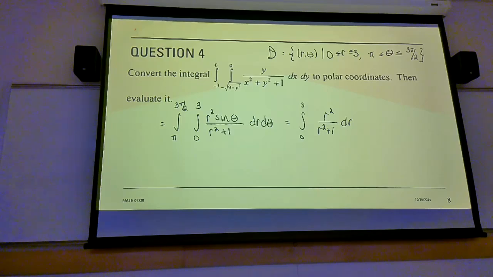And the integral from 0 to 3 of r squared over r squared plus 1, I'd have to do that by hand. Integration by parts, again, I wouldn't. It'd be long division. You're left with 1 plus something over r squared plus 1, right? That something's going to be a constant.